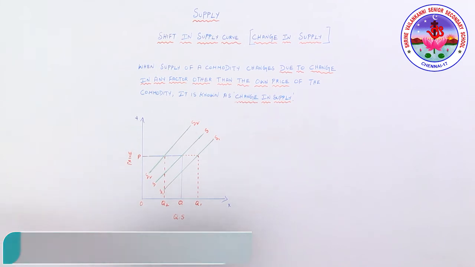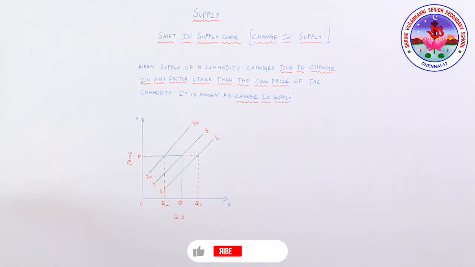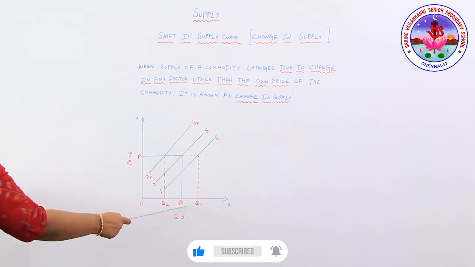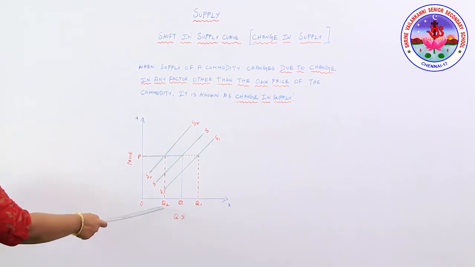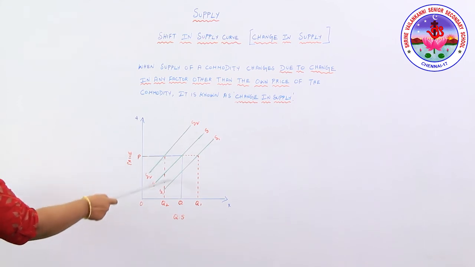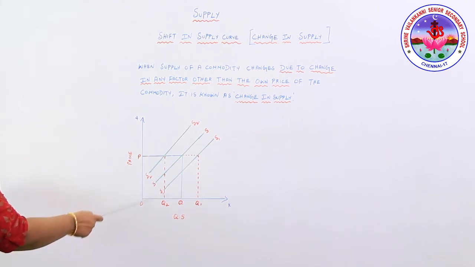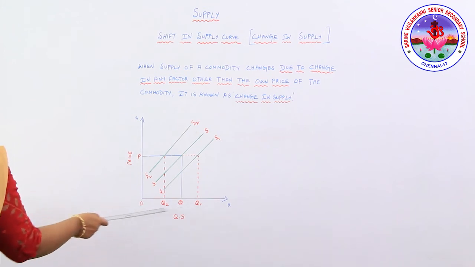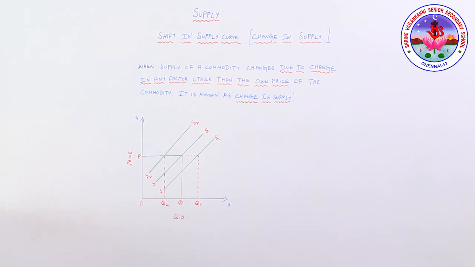Now let's see what the leftward shift is. When supply falls from OQ to OQ2, it is known as decrease in supply at the same price of OP. I've told you already, in this change in supply the price is constant; only the quantity supplied changes.